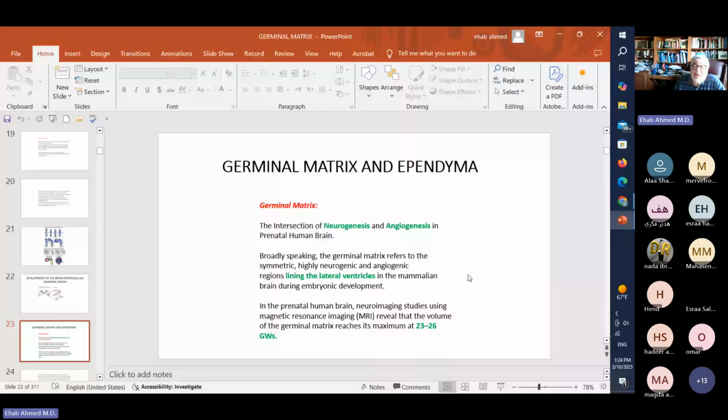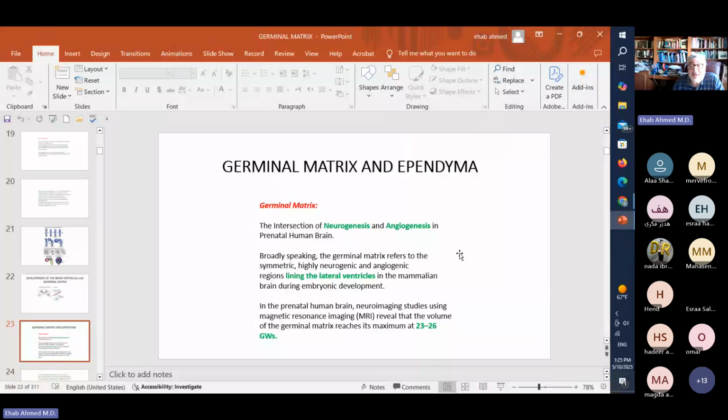And the neurogenesis is of extreme importance because the germinal matrix forms neurons that migrate to the brain parenchyma and form the neuronal structures of the brain. And luckily enough, this process ends by 20 weeks of gestation.